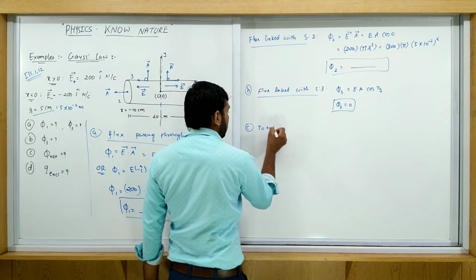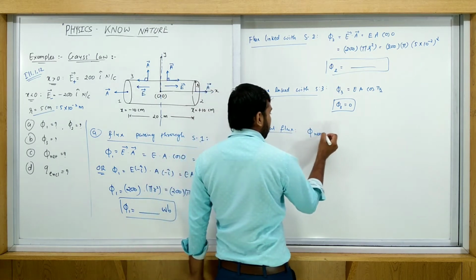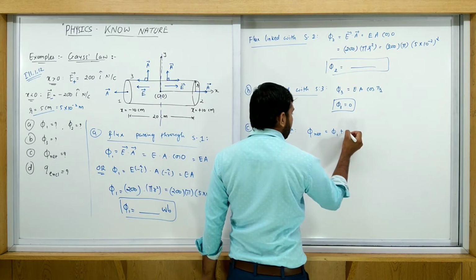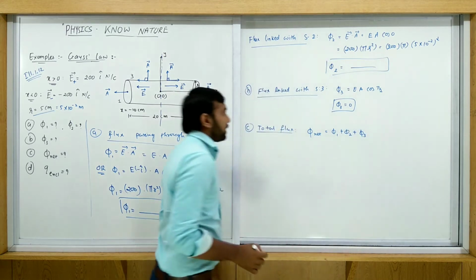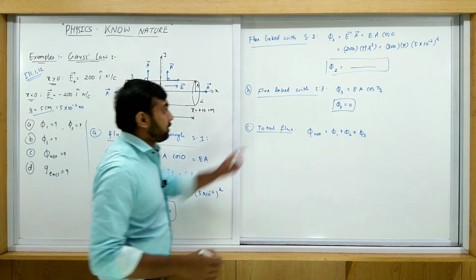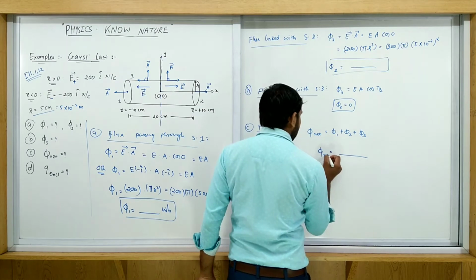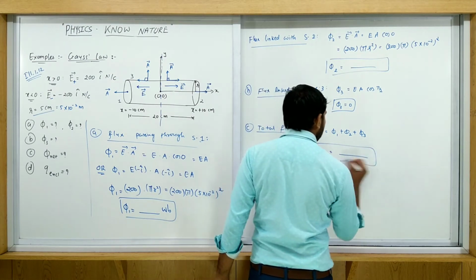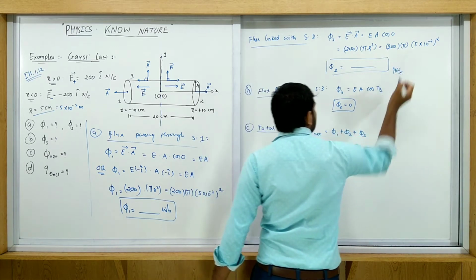So what is the total flux? Total flux phi net is equal to phi 1 plus phi 2 plus phi 3. So phi 1 is known, phi 2 is known, phi 3 is known. Put in all the values and calculate the answer for this phi net. This one is homework. You just try to solve and calculate this problem.